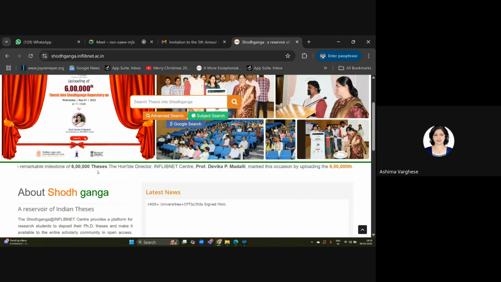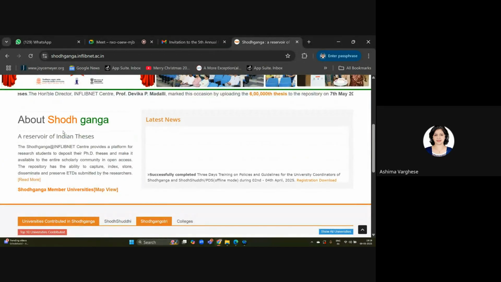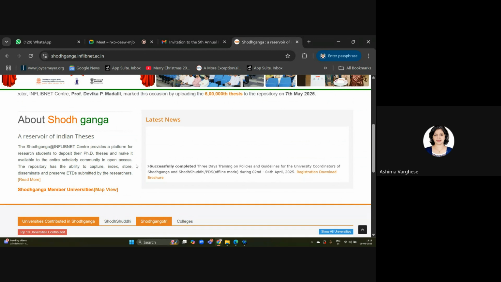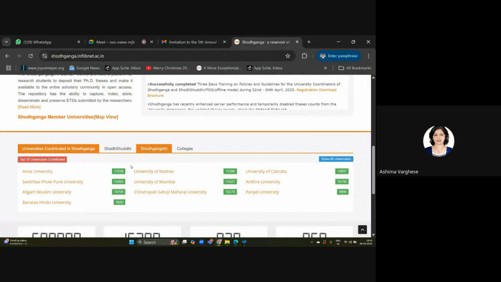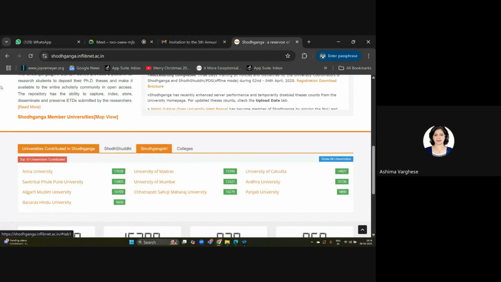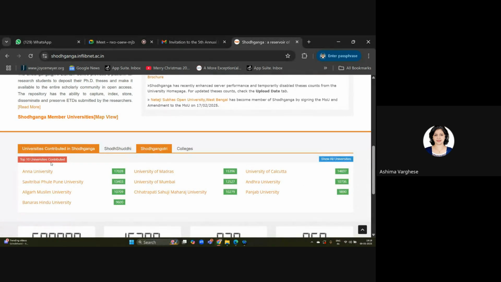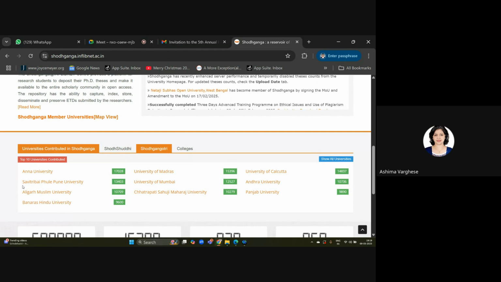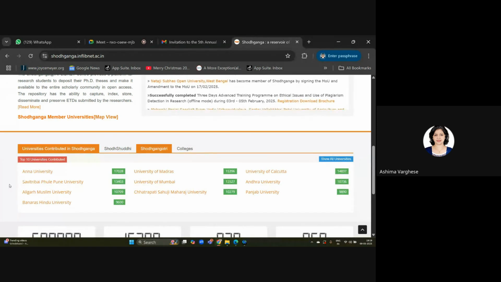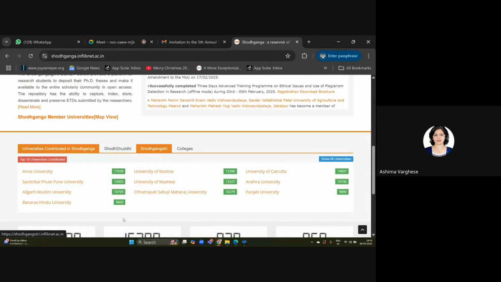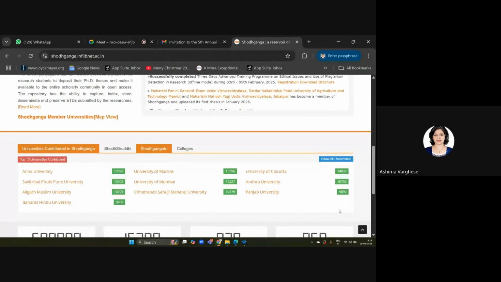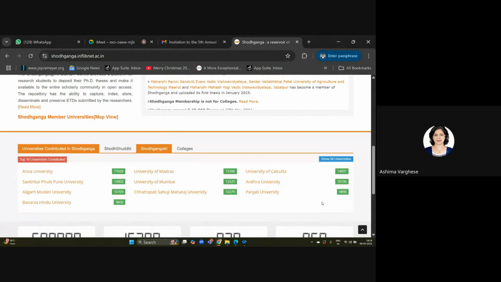So this is a very good source to download your thesis. This is about Shodh Ganga, a reservoir of Indian thesis. And if you scroll down, there are the top 10 university contributors. See, we have SPPU, Savitribai Phule Pune University, Aligarh University. Top universities are there who are making a consistent contribution.